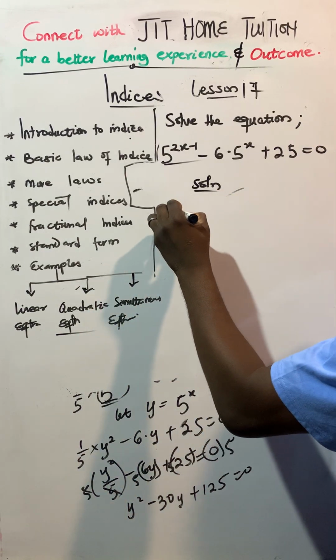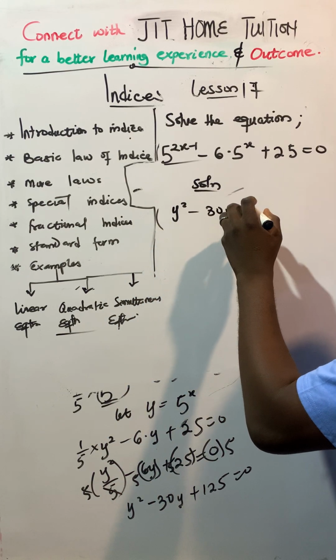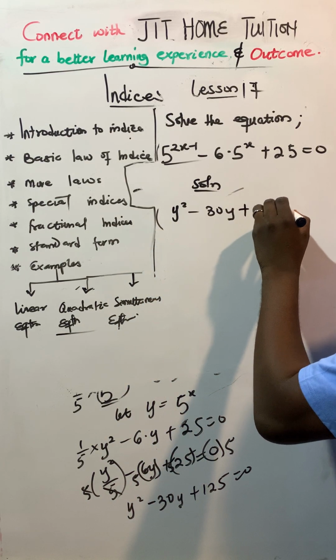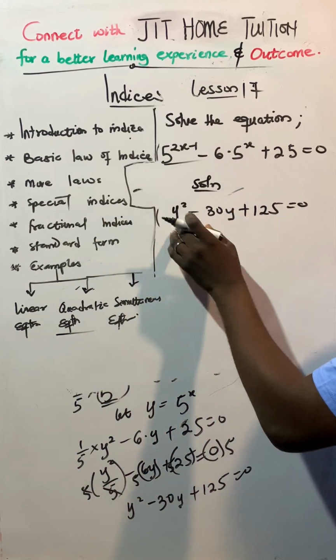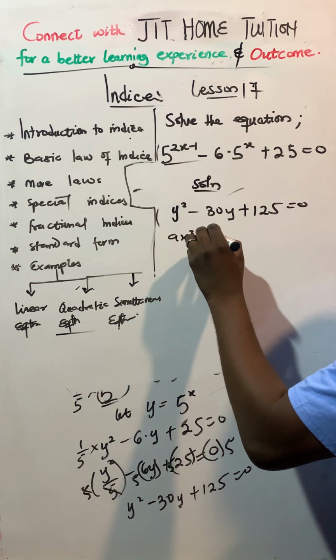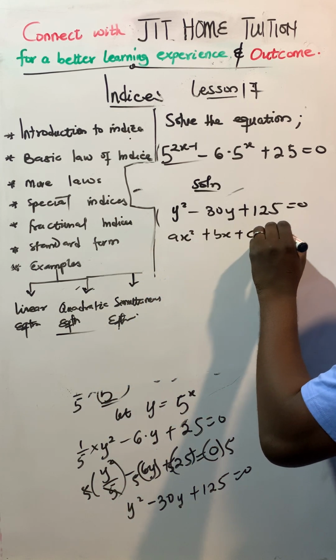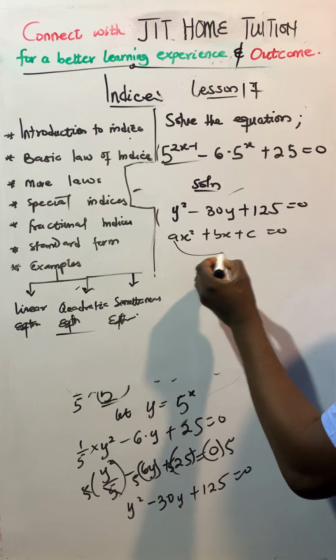So you have y squared minus 30y plus 125 equal to 0. From here, you have your quadratic equation in the form ax squared plus bx plus c equal to 0. The coefficient of x squared will multiply c.